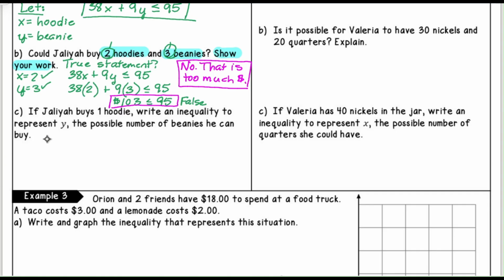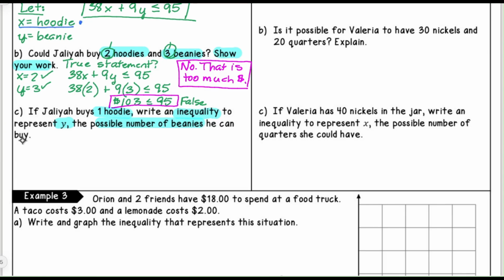It says, if Jalaiah buys, highlight this. So we're going to say if they buy 1 hoodie, write an inequality to represent y for the possible number of beanies they can buy. Okay, so I know here that, again, my hoodie is x, right?